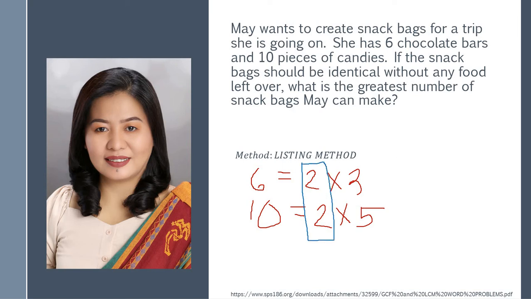So we are going to look at the lists. We have 2 as the common factor of the two numbers. So our answer is the same in all 3 methods, that the greatest number of snack bags May can make with 6 chocolate bars and 10 pieces of candies would be 2 bags.